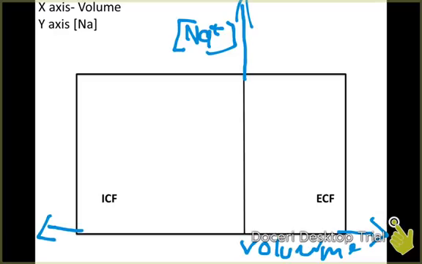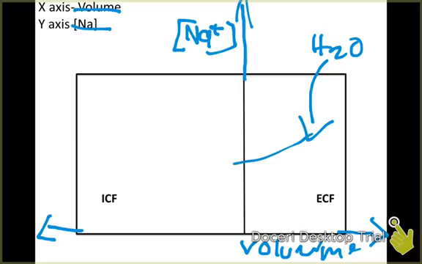and the reason that's important, as I've outlined here, is because as we start to make changes to our fluid spaces, you have to recognize what would happen, okay? For example, let's go back to our example of adding water into your extracellular fluid space.